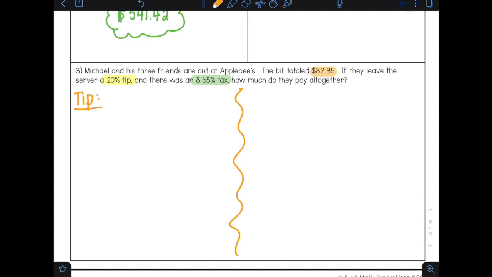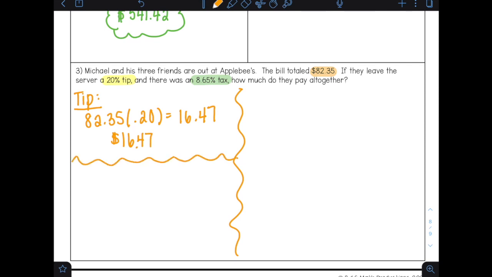So for the tip, I'm going to use my $82.35. I'm going to tip 20%, so we know how to find that. So if we take our $82.35 and get 20%, we're going to get 16.47. Here we have $16.47 as a tip.